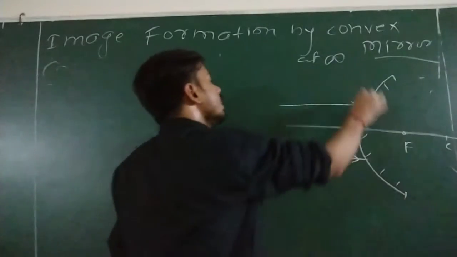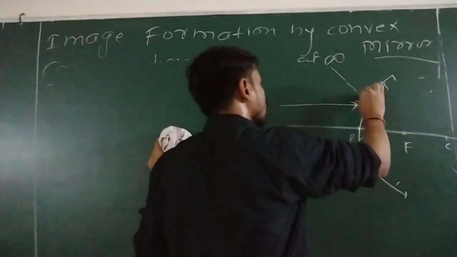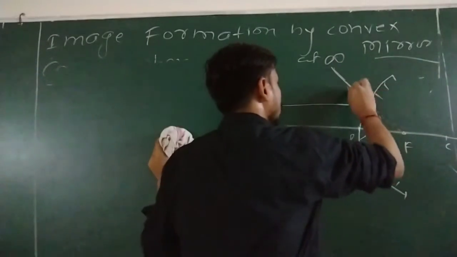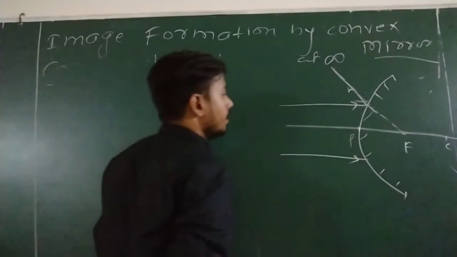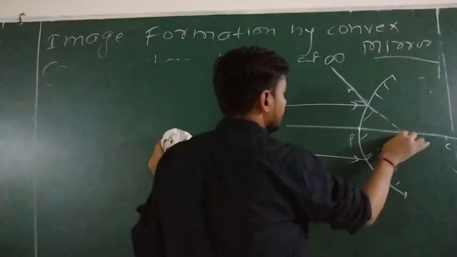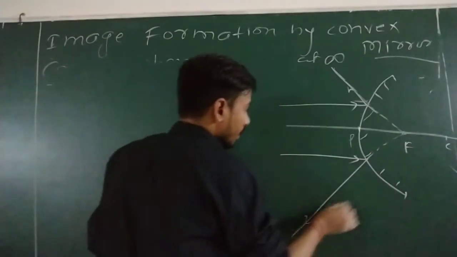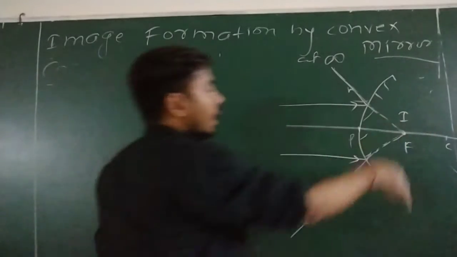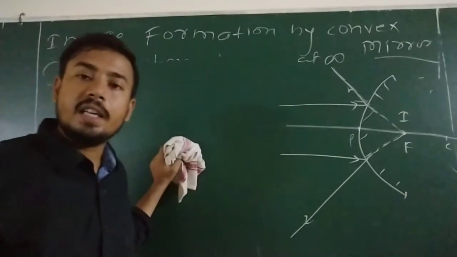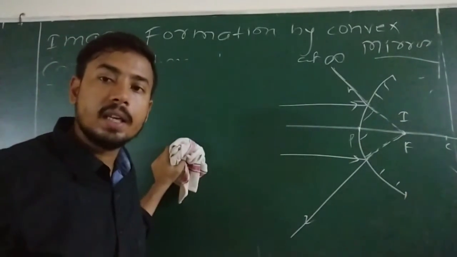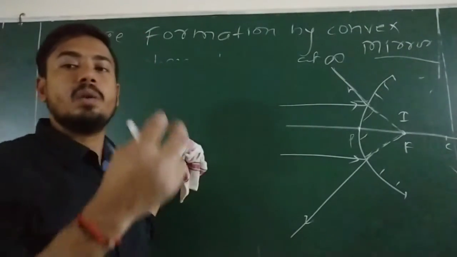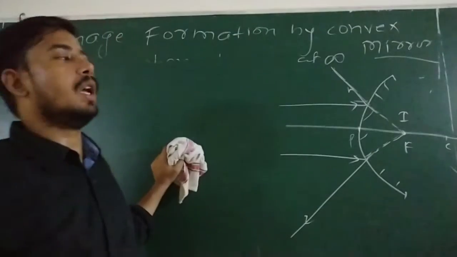So it appears to pass through focus like this. Similarly, this will be. So see, this is the image. Do the reflected rays intersect in reality or appear to intersect? So it appears to intersect, and such kind of image is called virtual image.